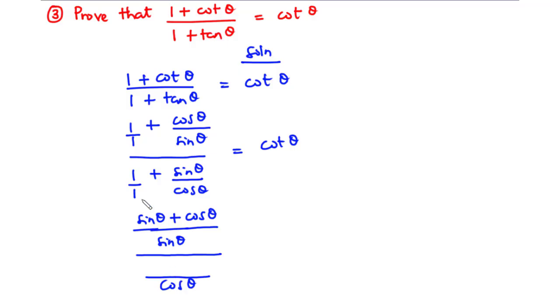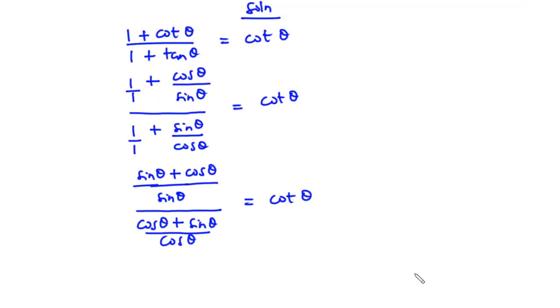Cos theta divided by 1 is cos theta, times 1 we still have cos theta, plus cos theta divided by cos theta is 1, times sin theta we have sin theta, and this is equal to cot theta.